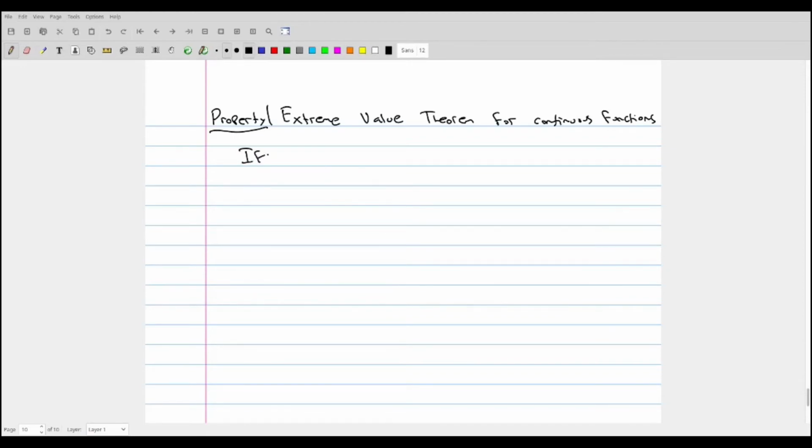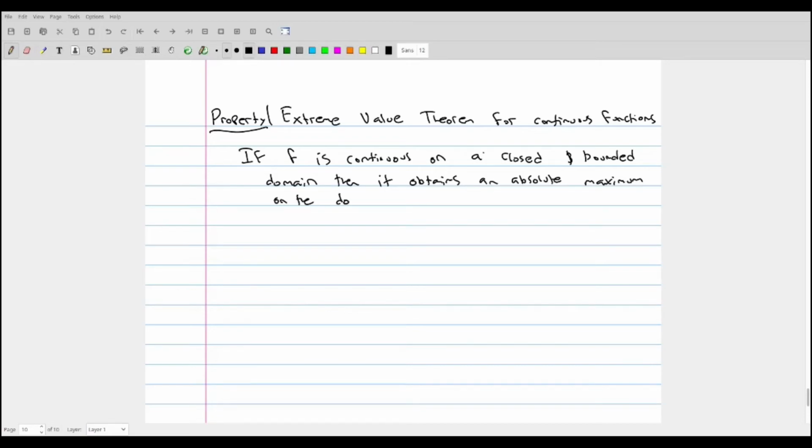It says that if f is continuous on some closed bounded domain, then it attains an absolute maximum value on the domain. We'll say absolute maximum and minimum on the domain.